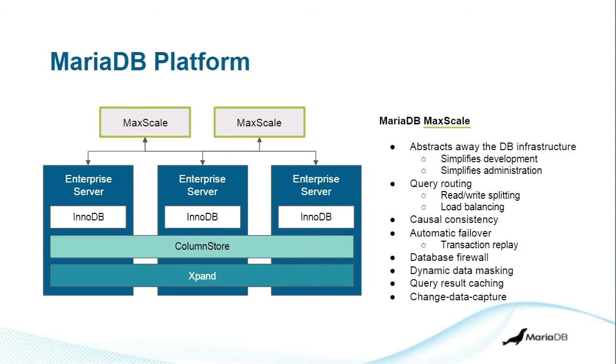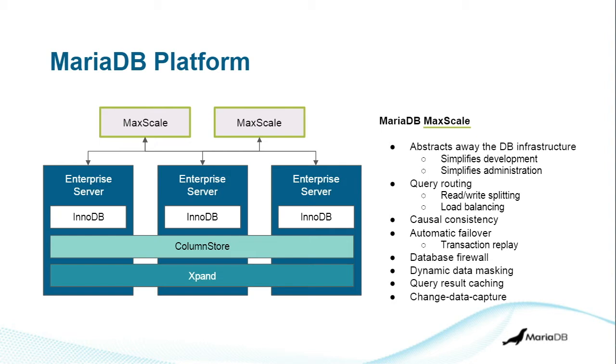As previously mentioned, MaxScale stands at the top of MariaDB Platform and provides a great way to hide database infrastructure and complexity. Most of the time, applications are developed and tested with a single MariaDB instance, but a production environment requires several nodes in a cluster in order to provide high availability and great performance. Thanks to MaxScale, the application doesn't need to be adjusted or reconfigured in order to move from one to several nodes.